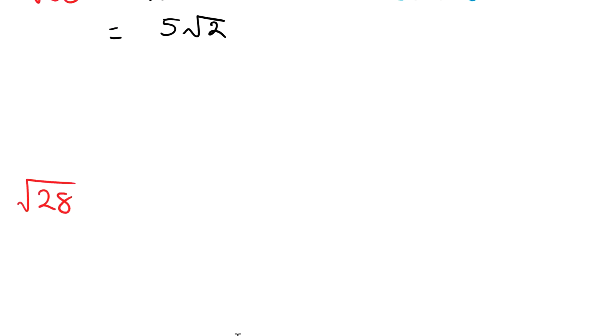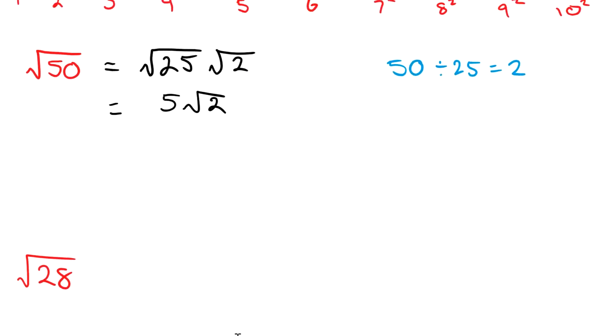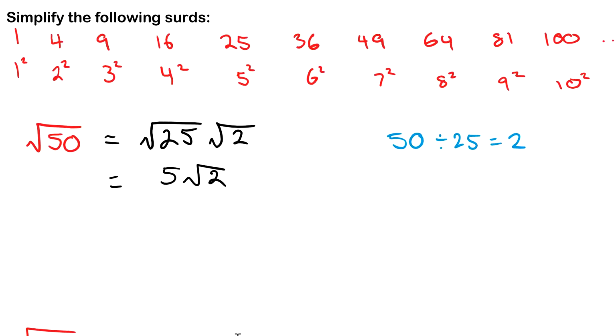Now if I go to the next one, we have root 28, and we can do the same thing. I go up here. Now let's say I'm not sure which I need to do. Let's say I wanted to try 9 going into 28. So you would grab a calculator, you go 28 divided by 9, and you'll notice you get a fraction or a decimal. Therefore, that is not the right one. Now, you can keep going up or you can keep going down until you find the correct one.